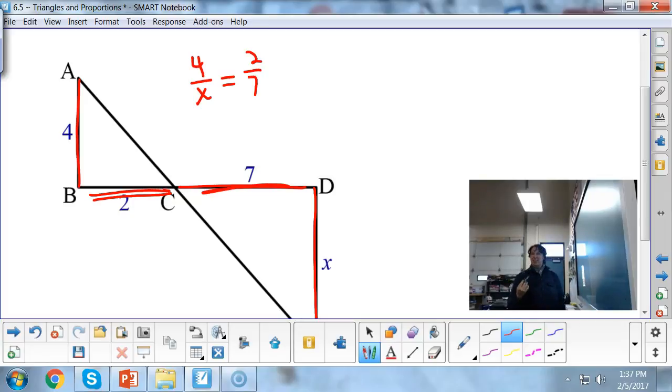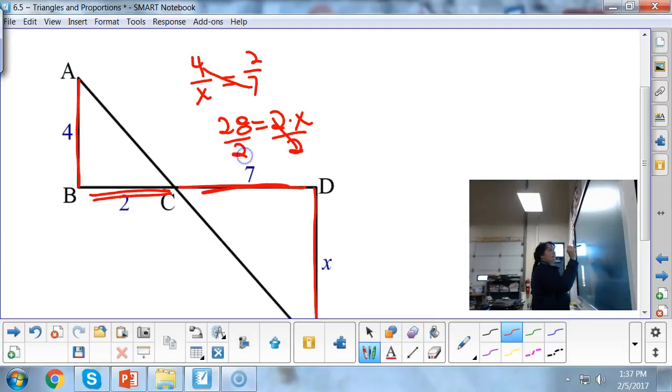It's just setting it up. We have to look at the triangle and what parts correspond to each other a little bit differently. So 7 times 4 is 28 equals 2 times x. To isolate x, I'm going to divide by 2. And I'm going to get 14 is equal to x. Okay?